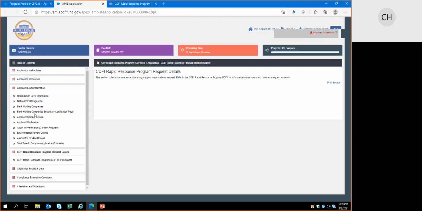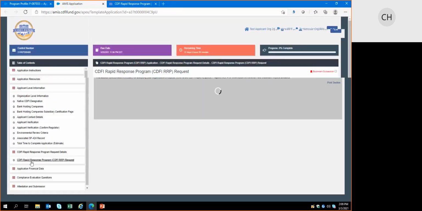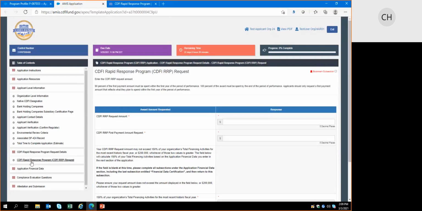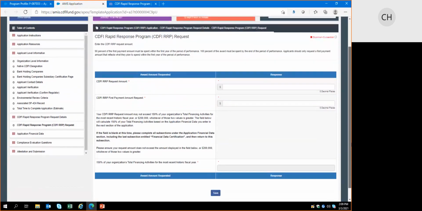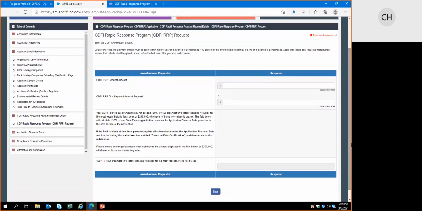You'll be submitting a CDFI Rapid Response Program request amount, which again is very similar to the request page in the CDFI program or NACA program application. This does operate a little bit differently.